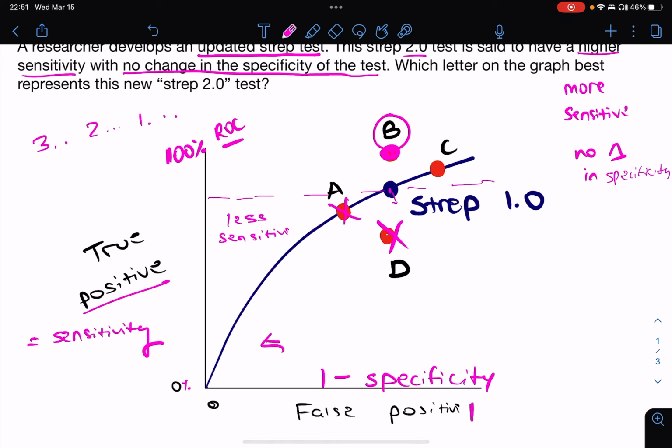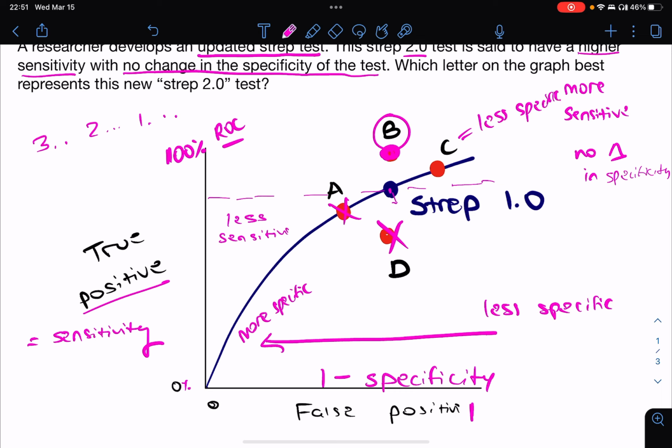And so what I'm saying here is that we have a more specific test over here and a less specific test over here. And so C is less specific. And we are left with B, which is more sensitive and equally specific.